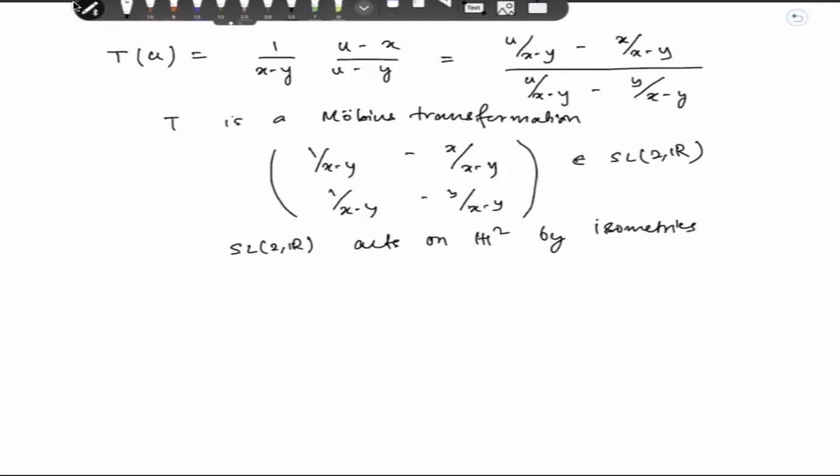Therefore, this T is an isometry of the upper half plane.